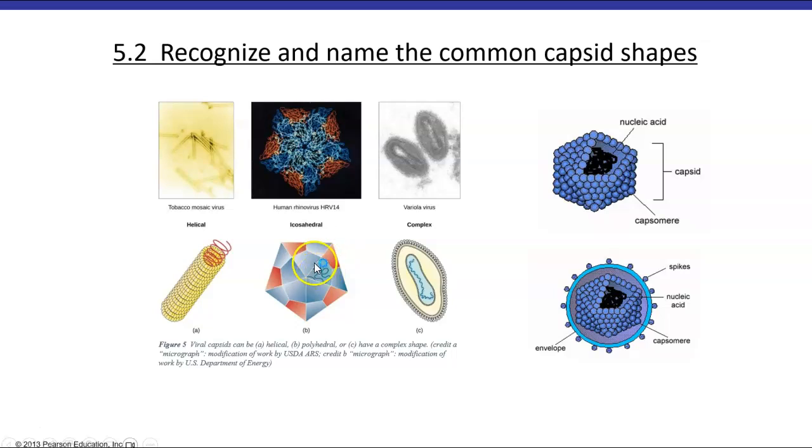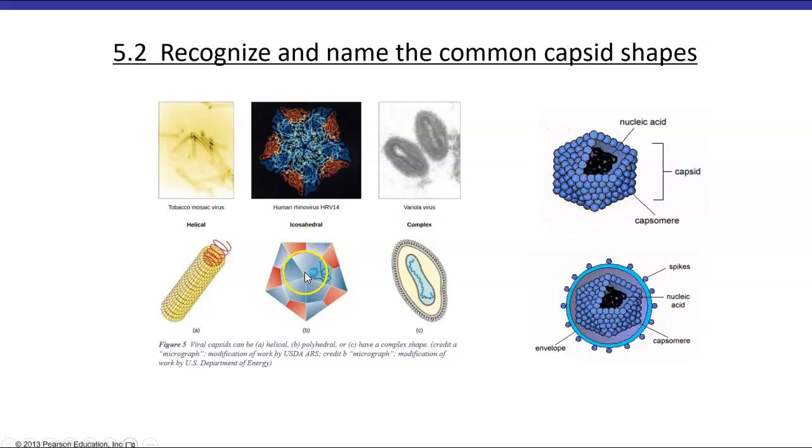Icosahedral means that it has 20 triangular sides. So an icosahedral is a kind of polyhedral. Your book uses the word icosahedral more often, so I'm going to use that. So an icosahedral shape means you have this capsid with 20 triangular sides. And so this is an icosahedral capsid.